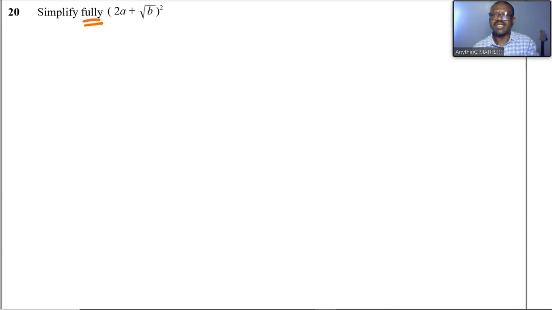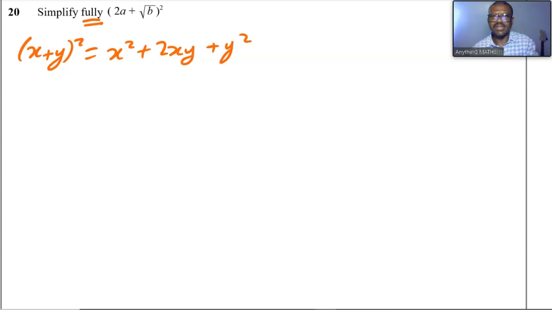We're going to use the formula x plus y all squared is the same as x squared plus 2xy plus y squared, so that we can really work faster. We have 2a plus root b all squared.